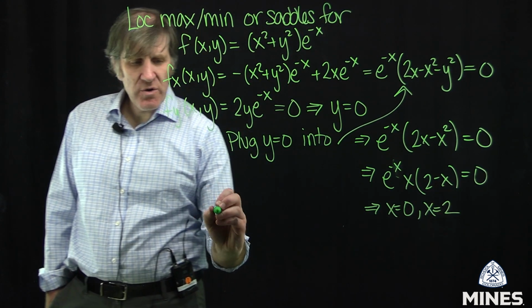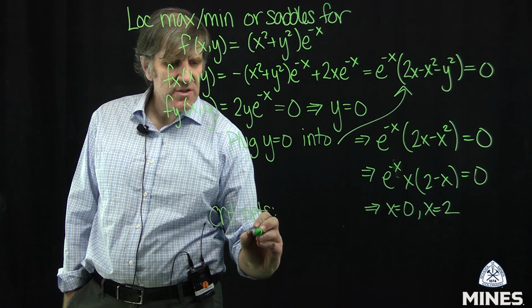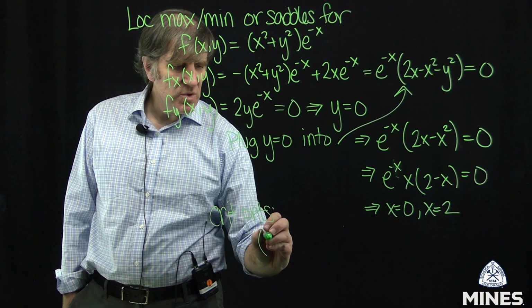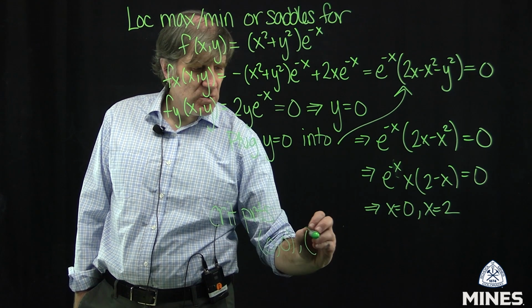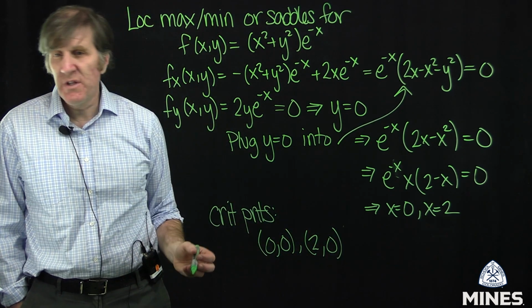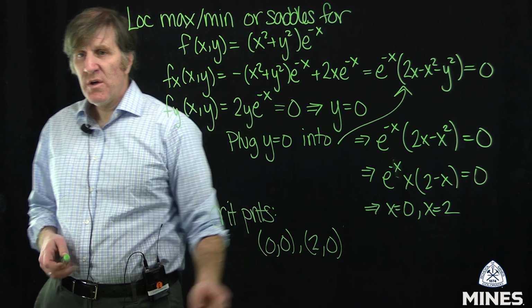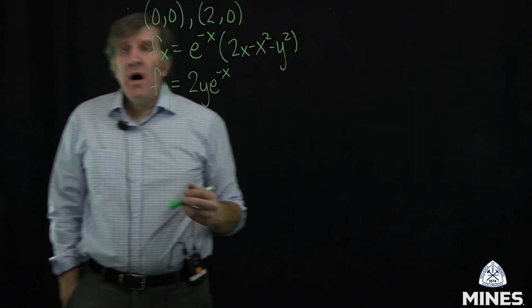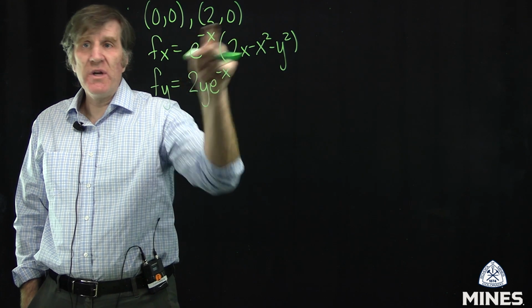We have two critical points: x equals 0 with y equals 0, and x equals 2 also with y equals 0. In general, in these problems, you could have any number of critical points. For this problem, we have two critical points, 0, 0 and 2, 0.